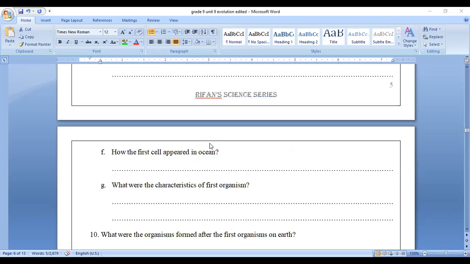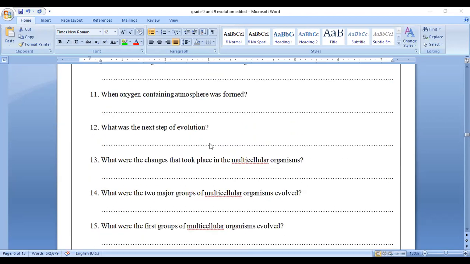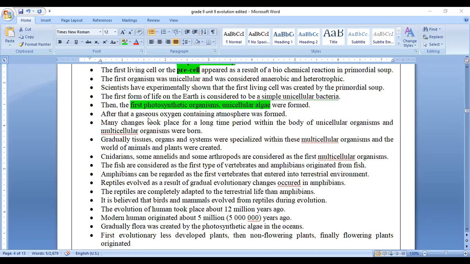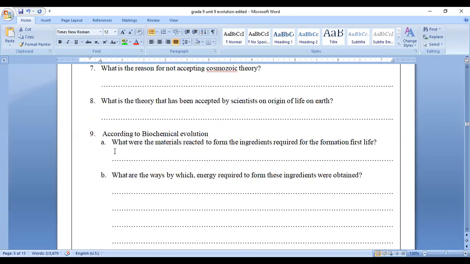Okay, what is the next question? What was the next step of the evolution? Now oxygen has come to the environment. Next step is unicellular organisms.